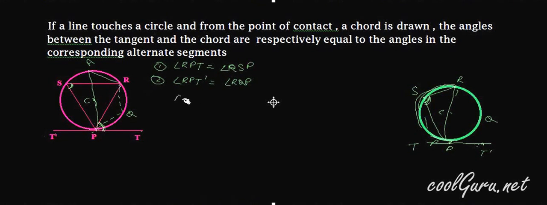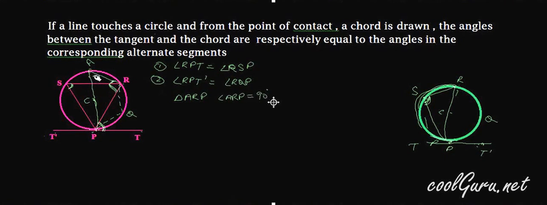Now consider this triangle ARP, and in this triangle we know that ACP is diameter of the circle. Therefore this angle ARP, we know that angle in semicircle, angle ARP will be 90 degree, because we know that angle in semicircle is of 90 degree.